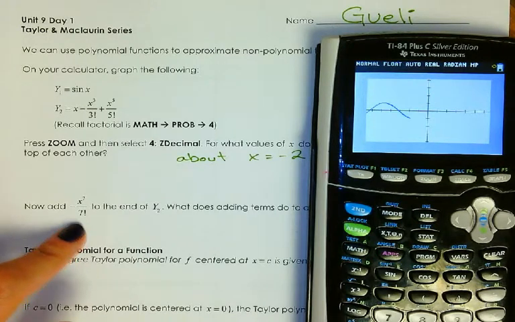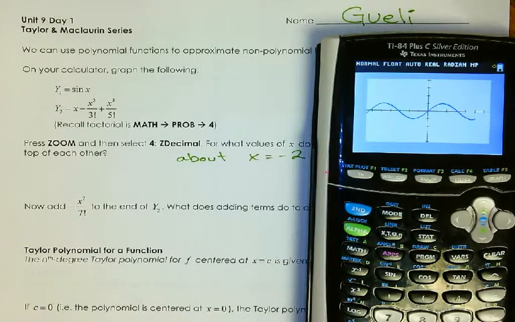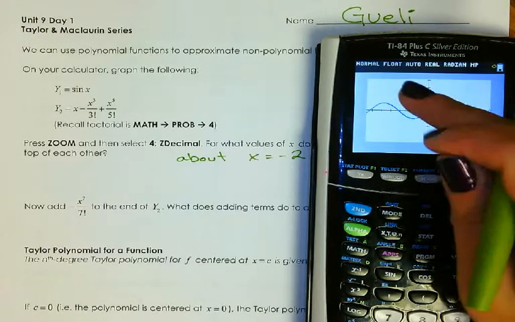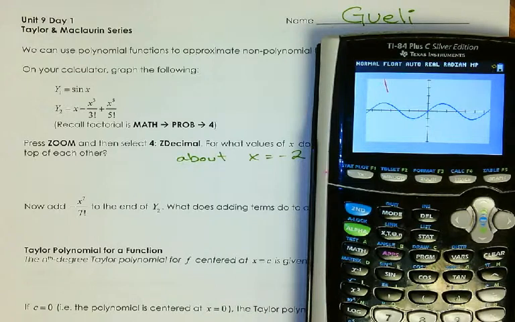Now take a look at what happens. I still have my original sine curve, the blue curve. I know what a sine curve looks like. And now the polynomial is coming in the red. What you'll notice is it starts overlapping. It looks like a totally different polynomial coming from a different direction. But now the part where it's overlapping the blue curve seems to have extended.